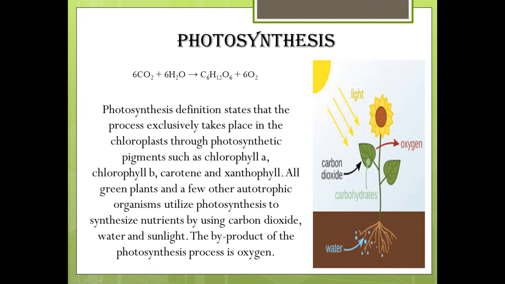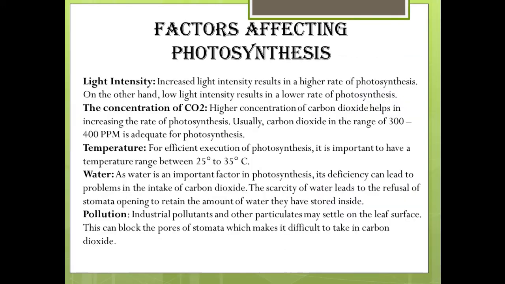Photosynthesis is a process in which the plant makes its own food by using sunlight, water, air, etc. The side product is oxygen, which is good for us, and they utilize carbon dioxide. In this process the main role is of chlorophyll, the pigment with the help of which photosynthesis is done. Other pigments include carotene and xanthophyll, and mostly all the green plants have chlorophyll.